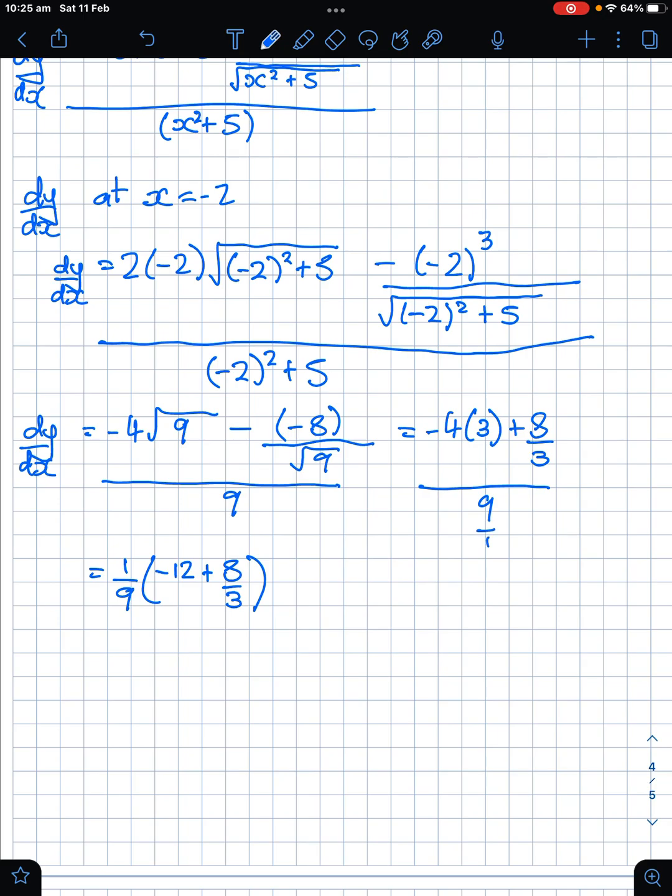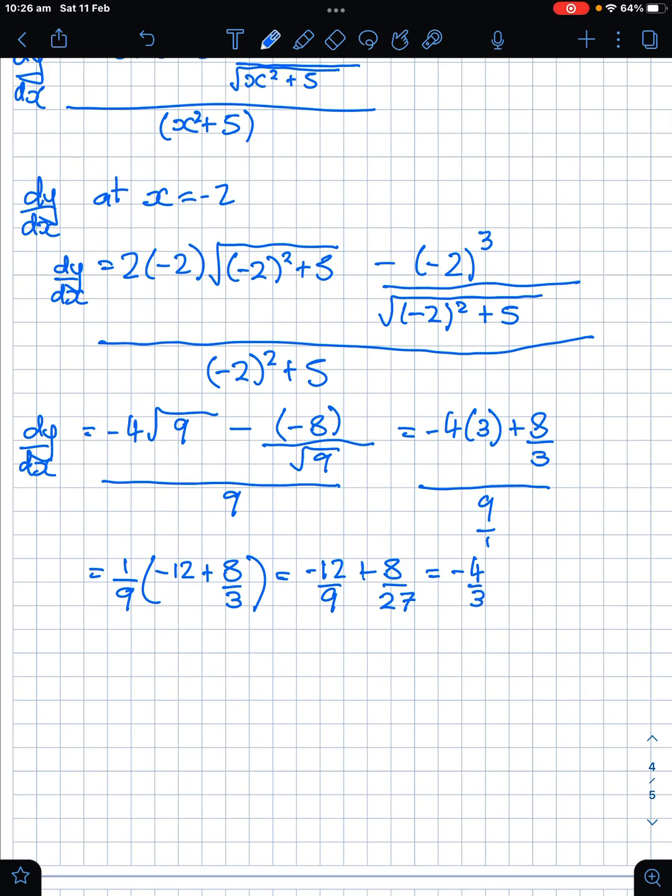Multiplying out, we get negative 12 on 9 plus 8 on 27.